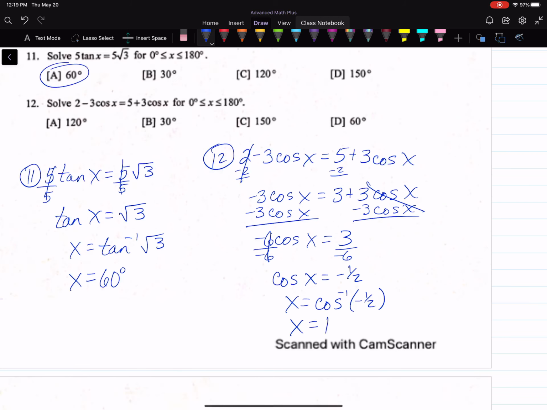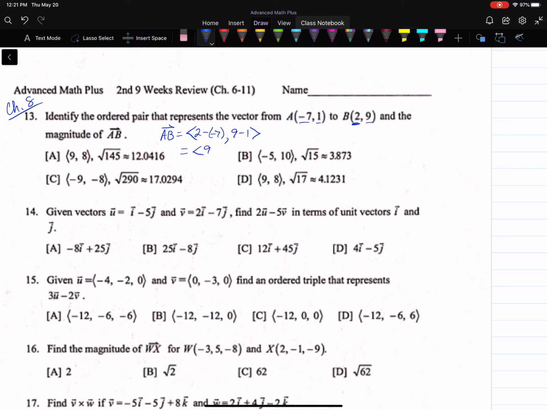So vector AB is just going to be 2 minus negative 7, and then 9 minus 1. So that is 9, 8. Okay, so I know right now it can't be C and it can't be B. It's got to be either A or D.